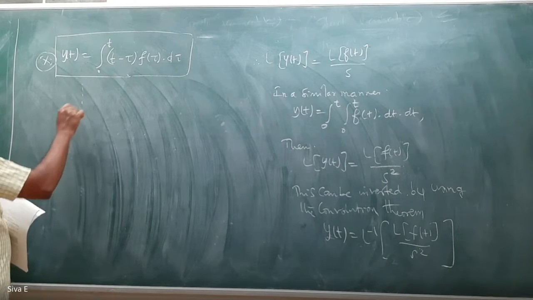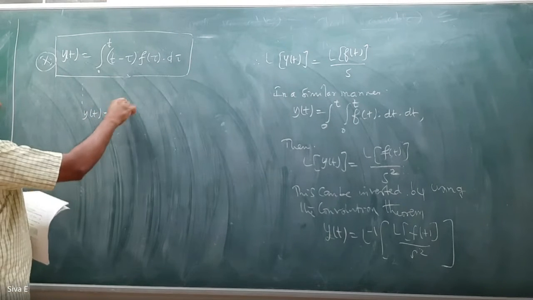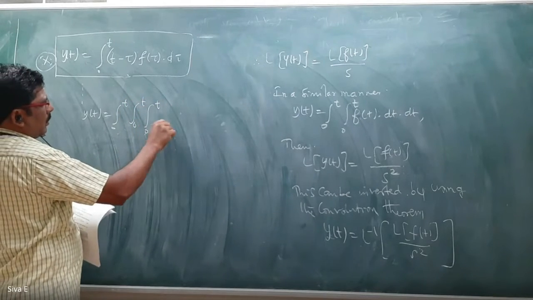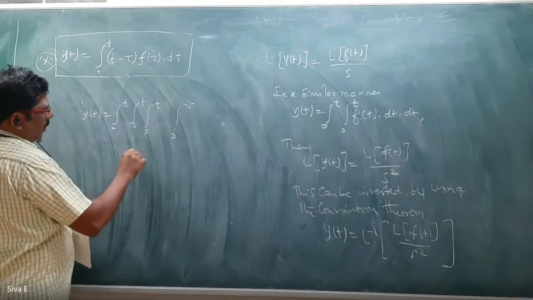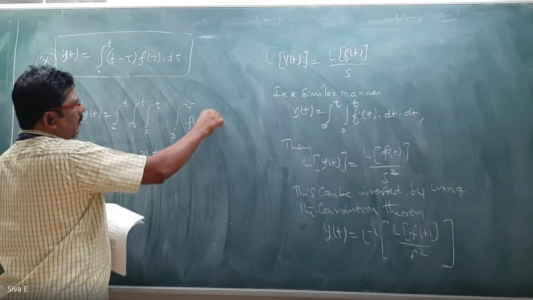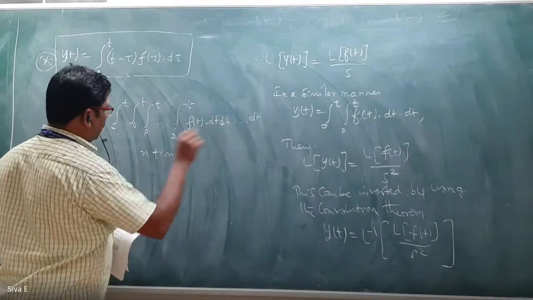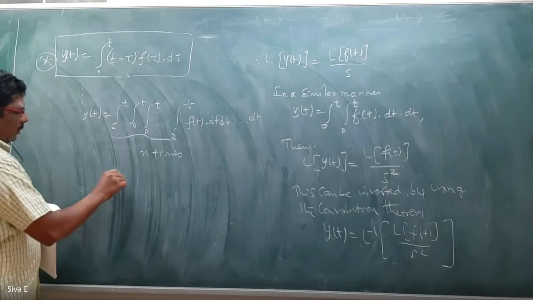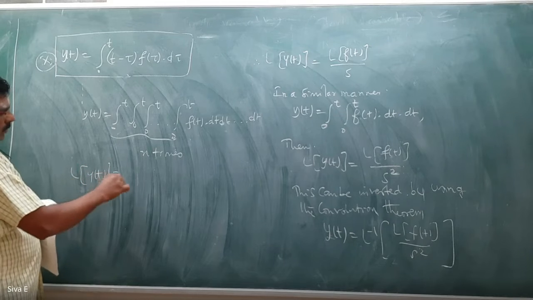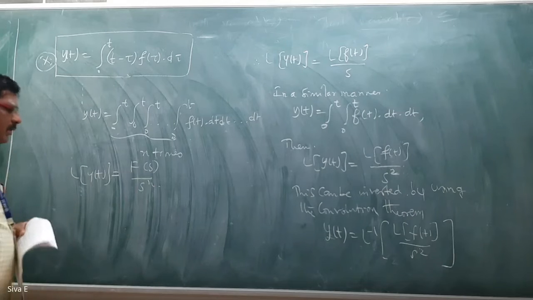So continue like this. In case y of t equals the integral from 0 to t, 0 to t, 0 to t, and so on, n times, of f of t dt, then this can be written as L of y of t equals L of f of t by s power n.